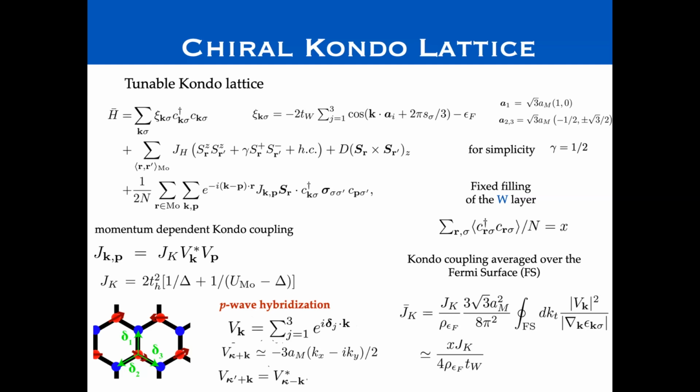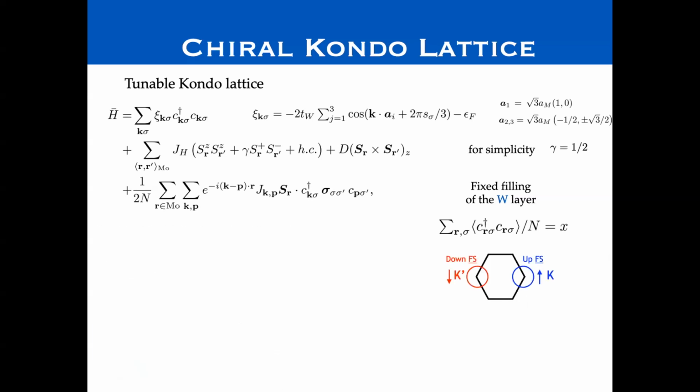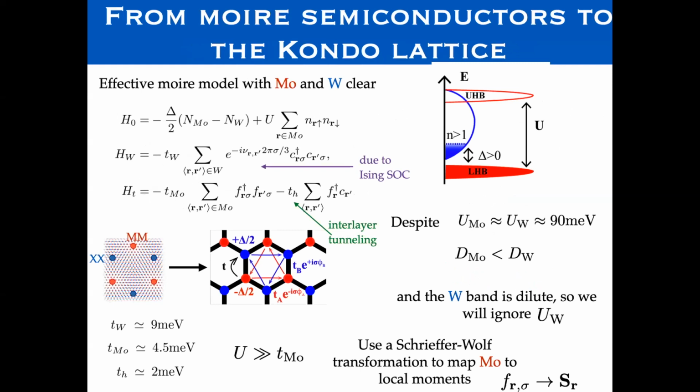Very nice talk. In the very dilute conducting electron limit, will the higher moiré bands coming from the MoTe2 layer matter? If we are only doing this two band model. I think that the other band is pretty far away in my cartoon. You mean the higher moiré bands? Yeah.